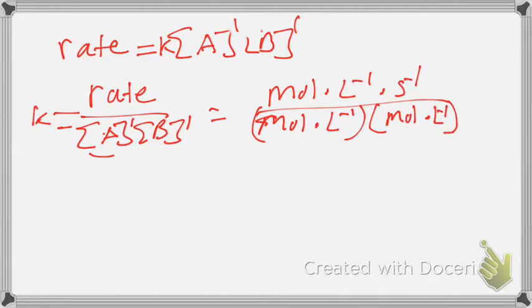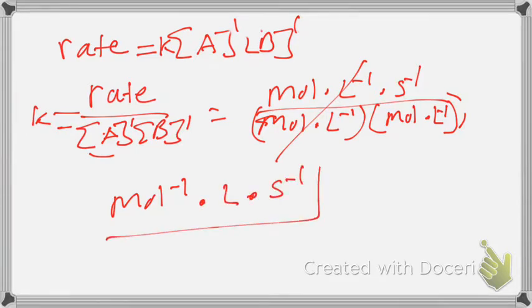Those cancel out. Do the reciprocal of the bottom, and therefore we get moles minus 1 liters per second. Again, no matter what, we get the same units for k for a second order reaction, even though we have multiple reactants. You can see how that works.